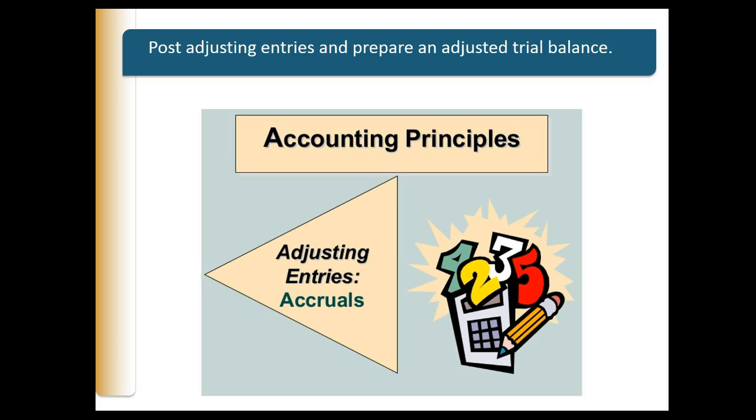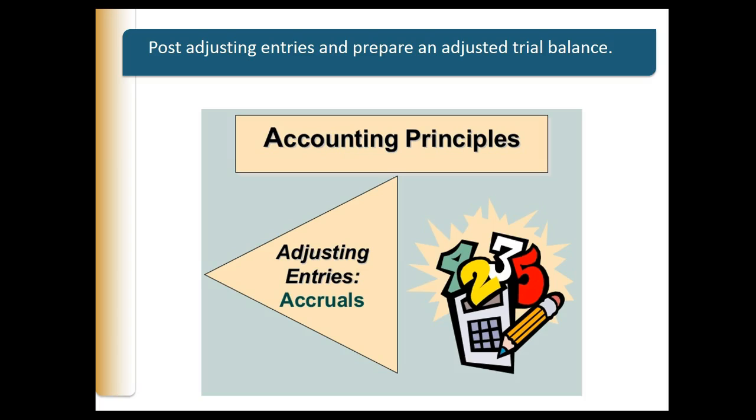So the next thing we're going to look at is how we go about posting adjusting entries and preparing something we call an adjusted trial balance. We're familiar with the initial trial balance. From there, we create our adjusting entries.